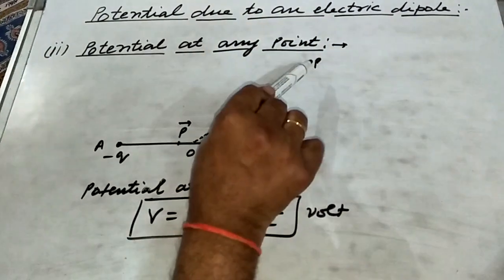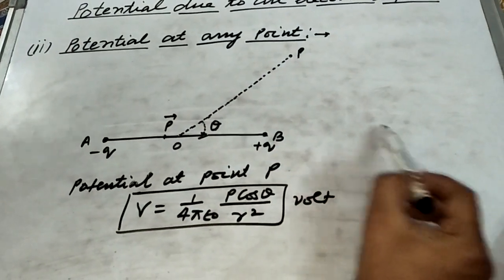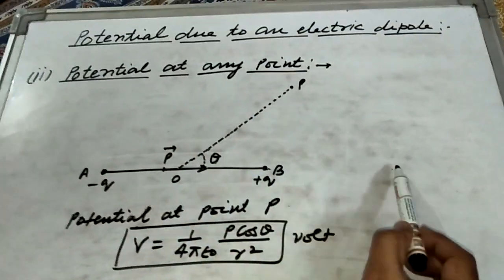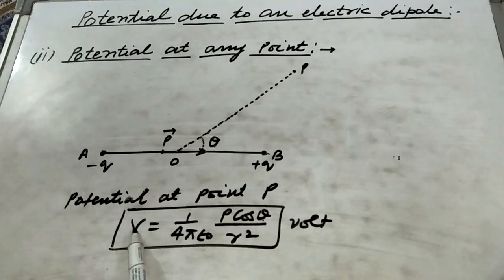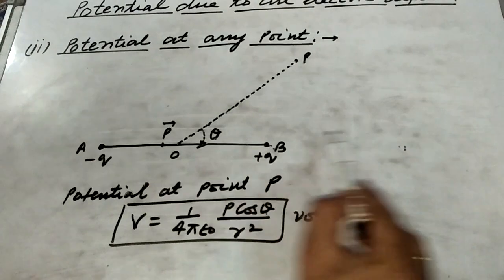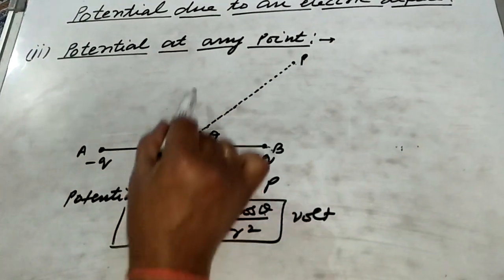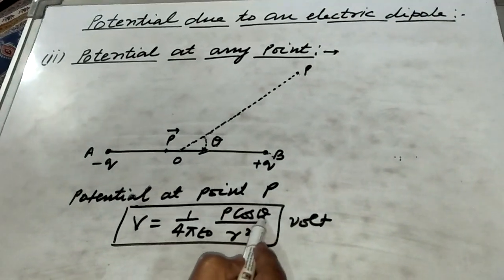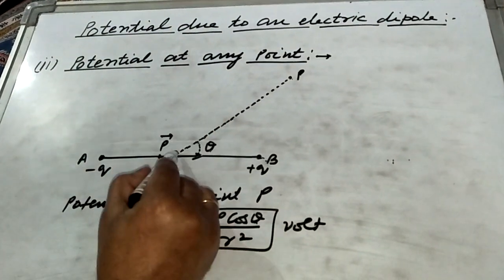Remember this: when point P lies on the axis of the dipole, theta becomes 0, and when you put theta equal to 0, this result gives the electric potential due to an electric dipole on the axis. And when you take point P on the equatorial line, theta becomes 90 degrees and cos 90 is 0. So the electric potential at any point on the equatorial line becomes 0.